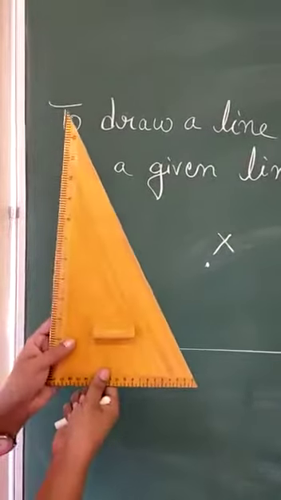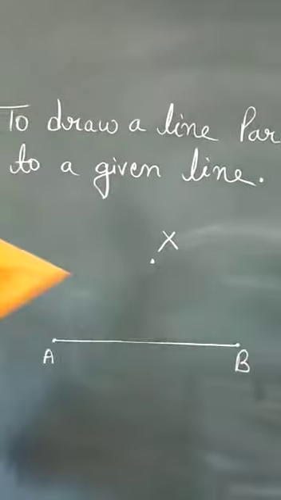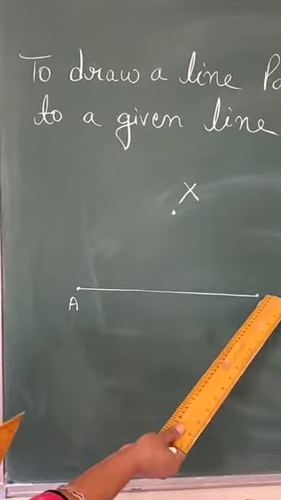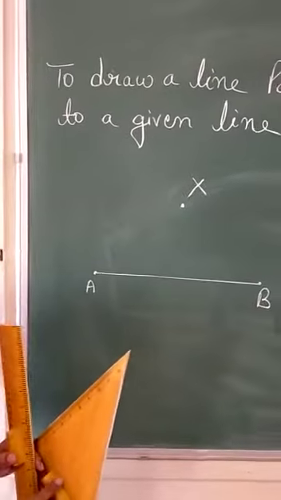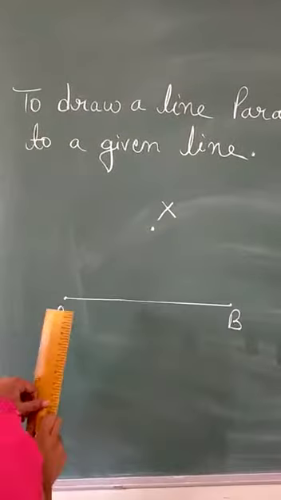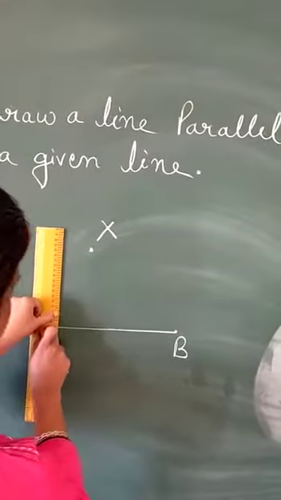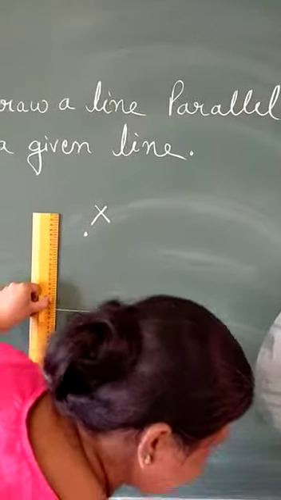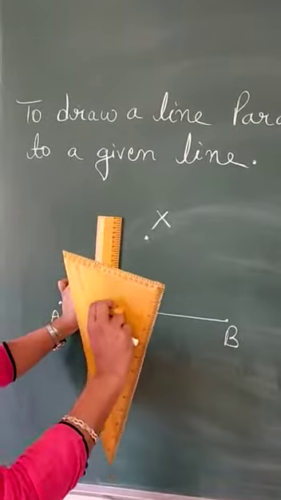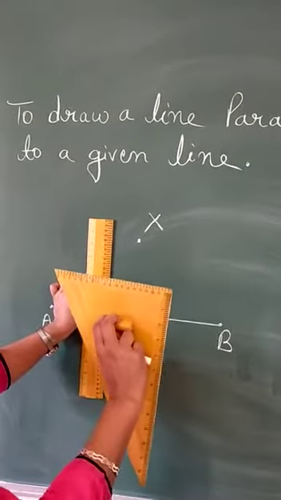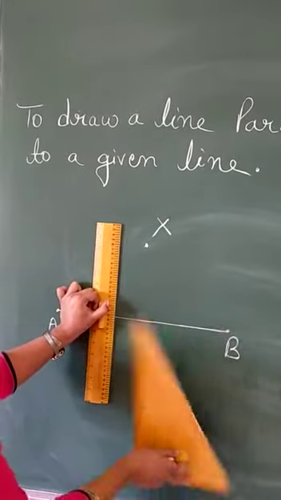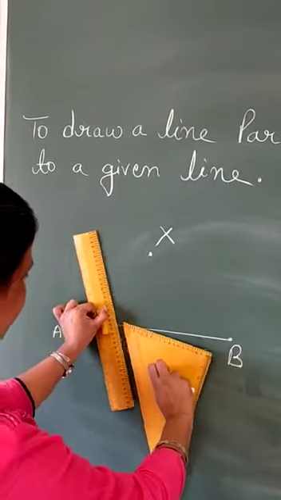So we will use this set square and one ruler to draw a line parallel to a given line AB. Now what you have to do, you have to place your ruler like this, and you have to place the set square so that the perpendicular edge of the set square touches the line AB like this.